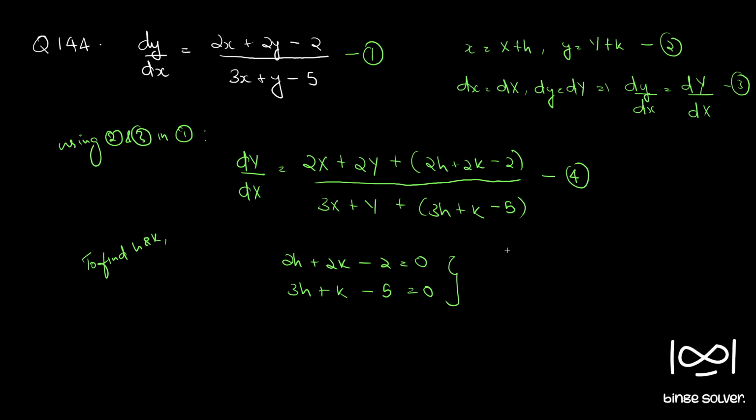Solving these two equations, we have h by (5 into 2, 10, minus 2 into 1, minus 10... 2 into minus 5, minus 10, minus 1 into minus 2, so plus 2) is equal to k by (minus 2 into 3, minus 6, minus 5 into 2, minus 10, so plus 10) is equal to 1 by (2 into 1, 2, minus 3 into 2, 6, 2 minus 6).